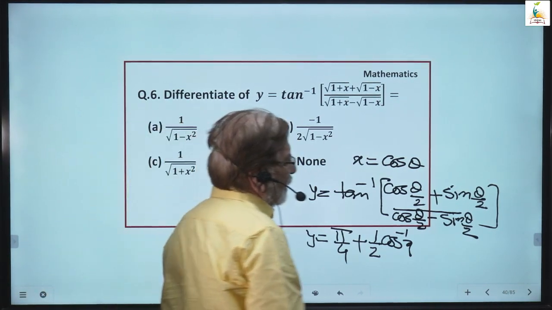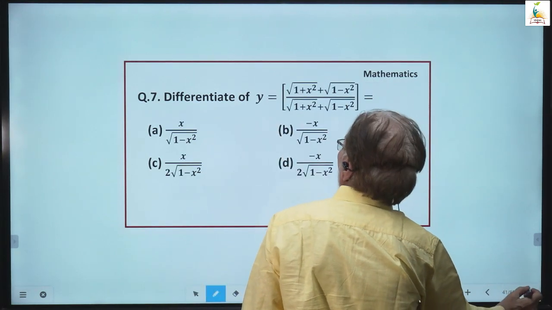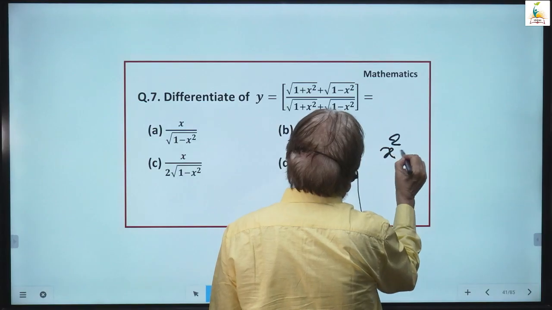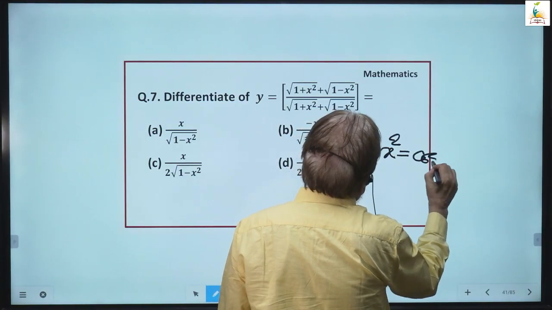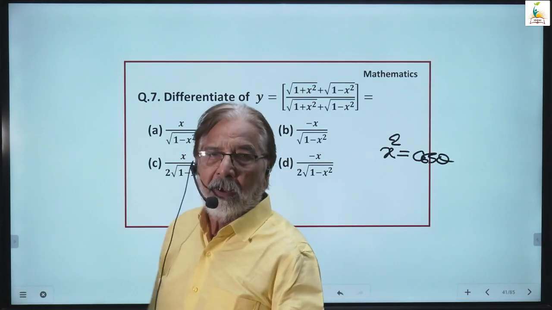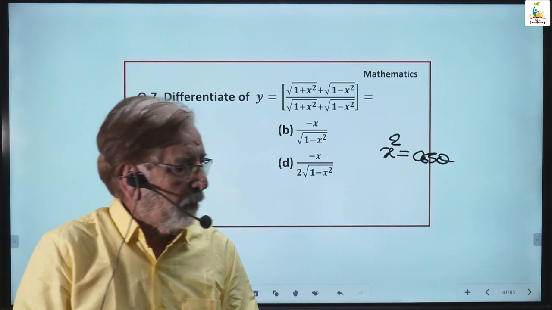Now, let us see the next. Similarly, you can do this question by putting x square equal to cos theta.